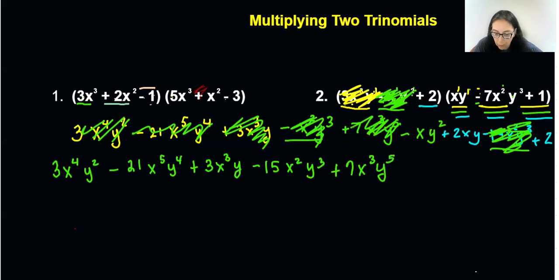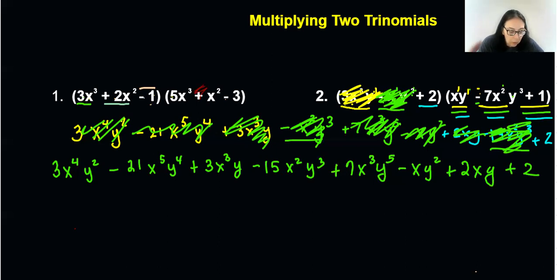And then I have a negative xy squared. I've got a positive 2xy and a plus 2. Look at all those terms in our answer.